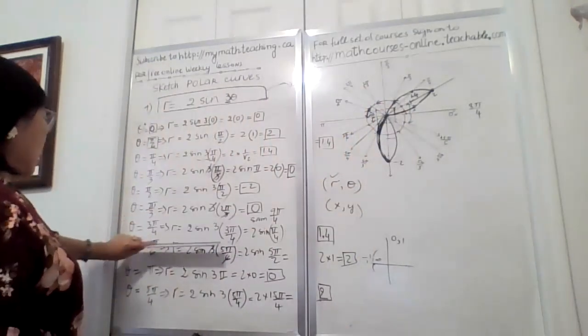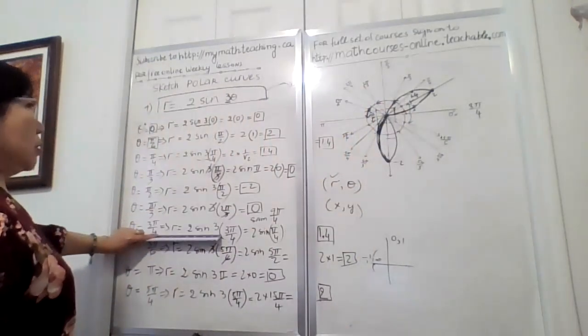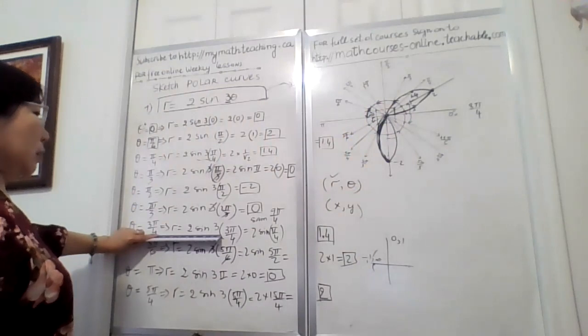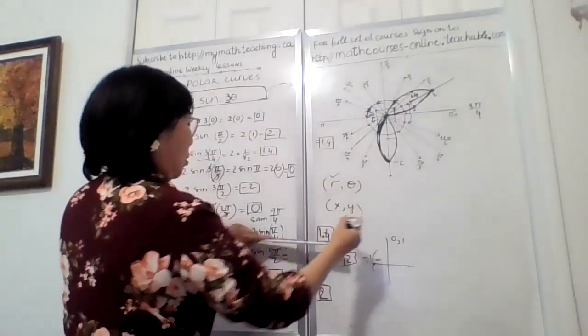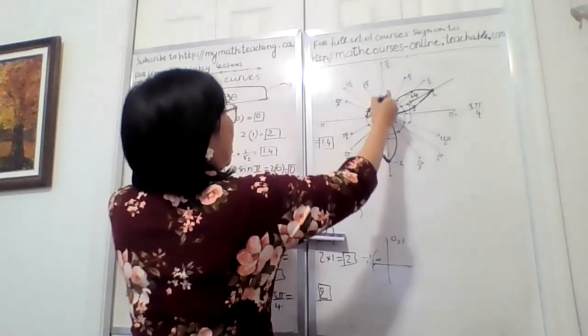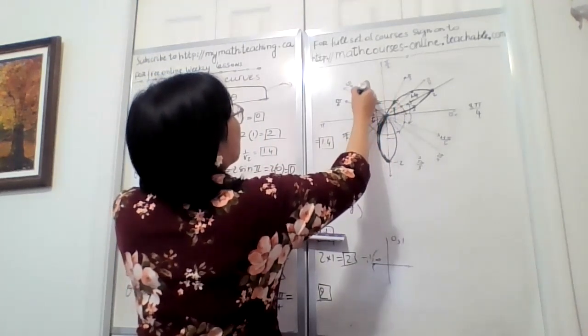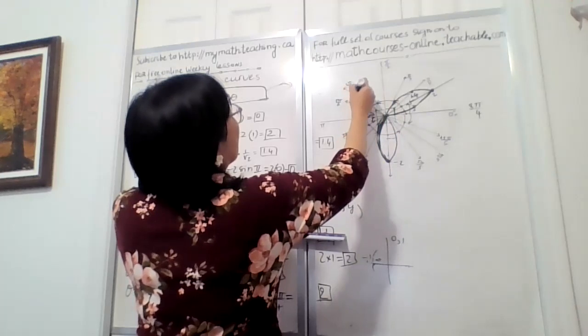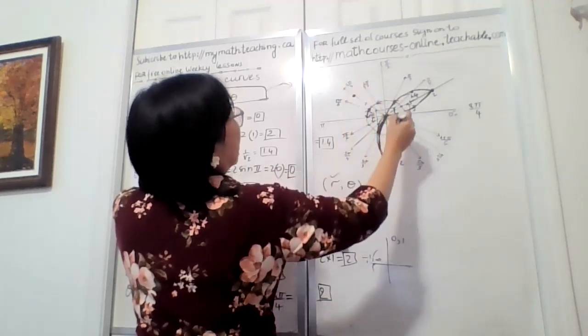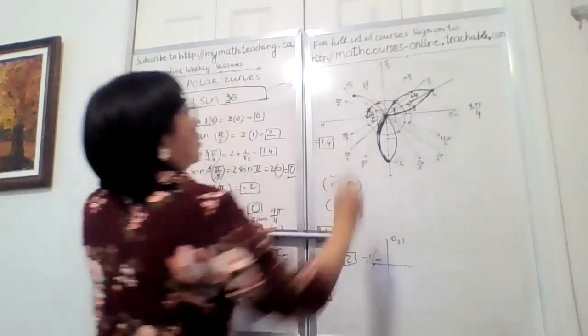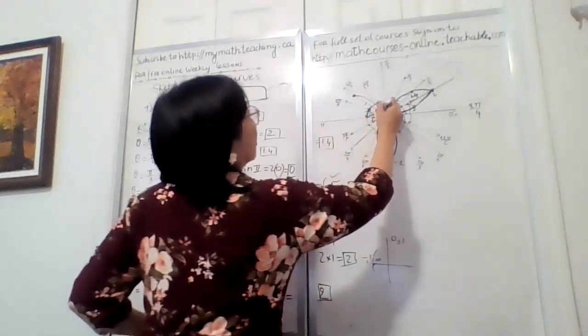Okay, and then when it goes to 3 pi over 4, it's 1.4. So 3 pi over 4 is this line, and 1 is here, 2 is here, so 3 pi over 4 is about here. So this way, right? This curve.